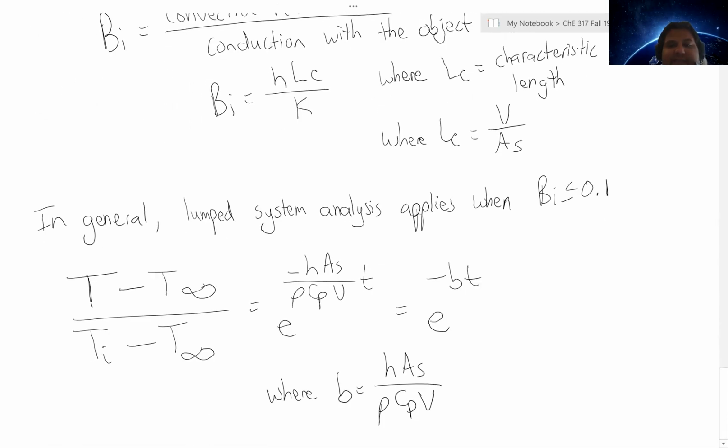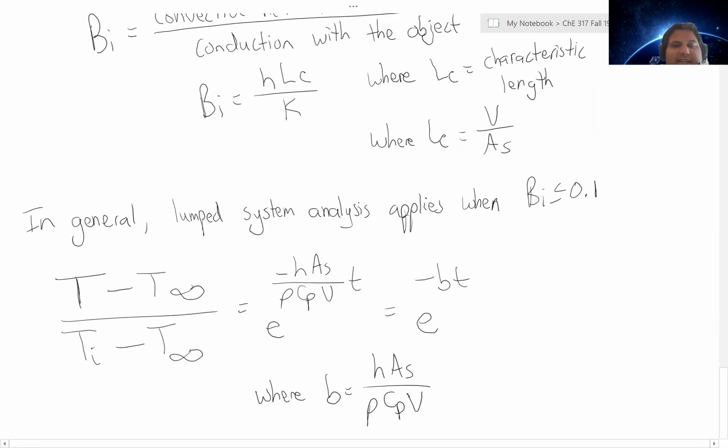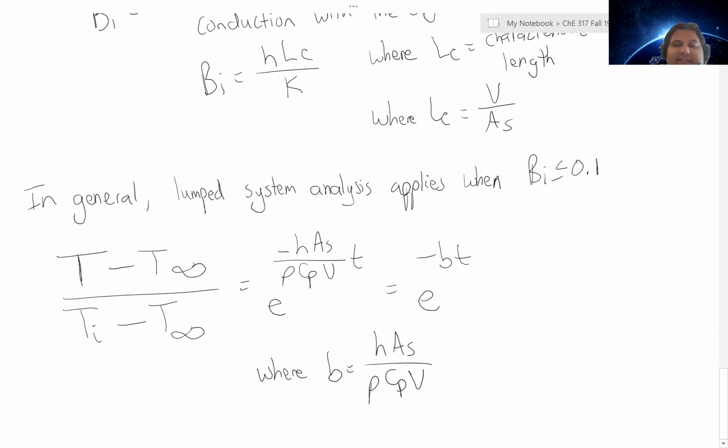And in that case, what we're simply solving for is how the average or mean temperature of the object changes with time as a function of the heat transfer coefficient, as well as the properties of the object itself.